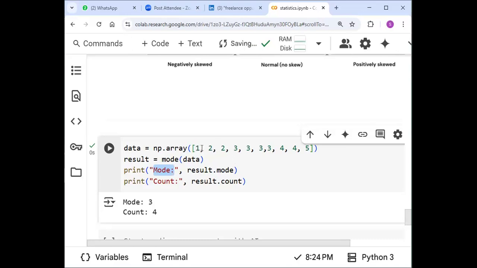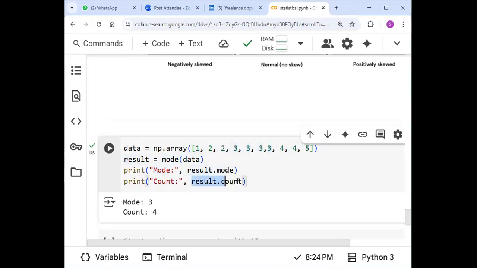It is also best suited for discrete numerical values. The highest mode is 3, the most frequent occurrence in this data. That's why it is given as 3.